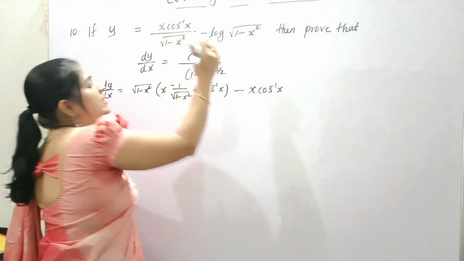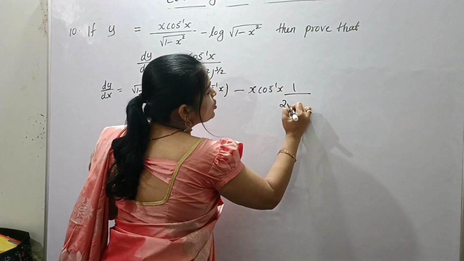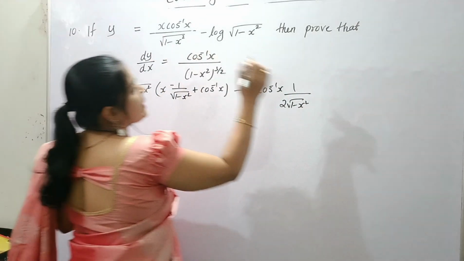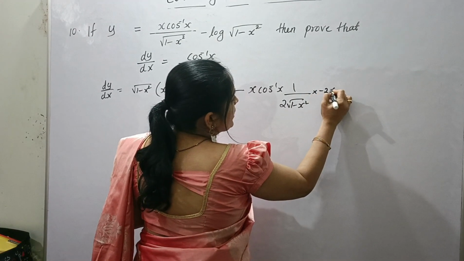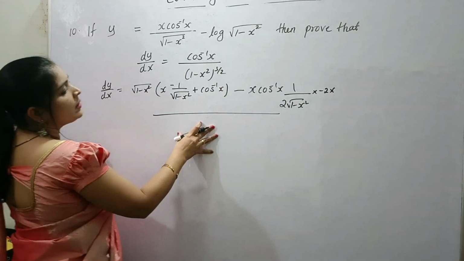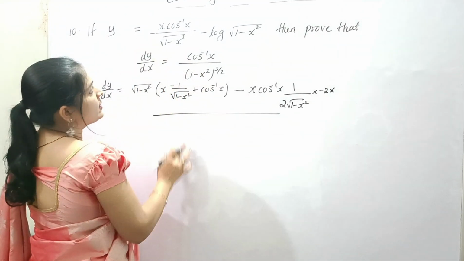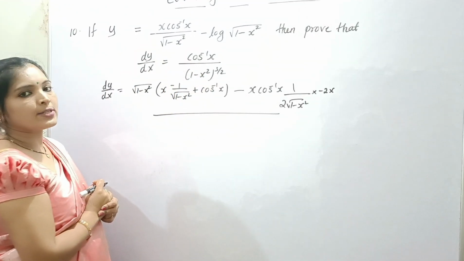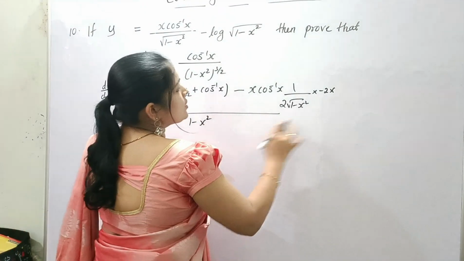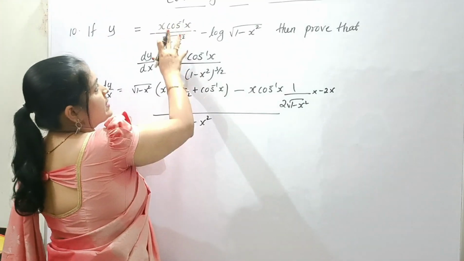Derivative of root 1 minus x square is 1 by 2 root 1 minus x square into derivative of 1 minus x square, that is minus 2x. Whole divided by square of denominator, root of 1 minus x square whole square, that is 1 minus x square. So derivative of first term is done.